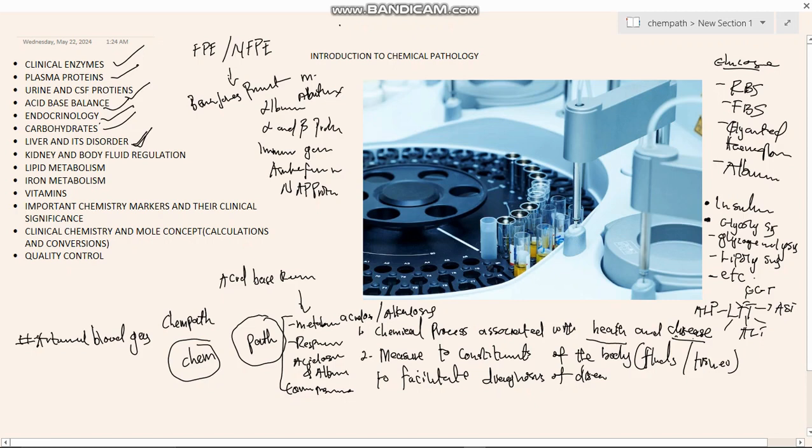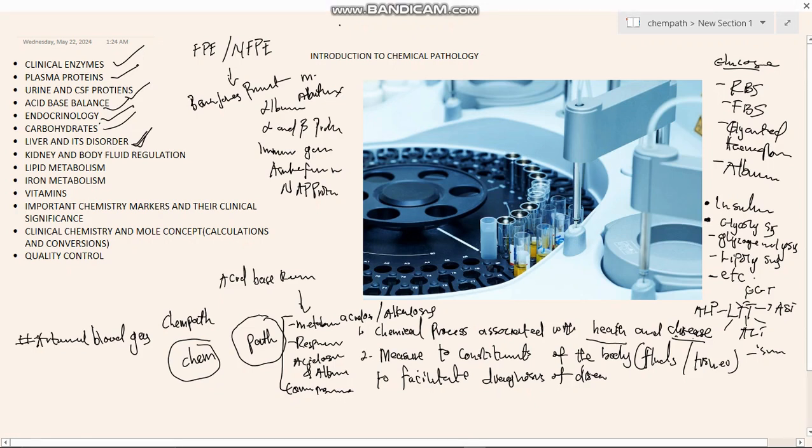Then we will distinguish among these the synthetic ability, the damaging property, that is the production of the enzymes, and then the metabolic ability. That is where the bilirubin will come into play.